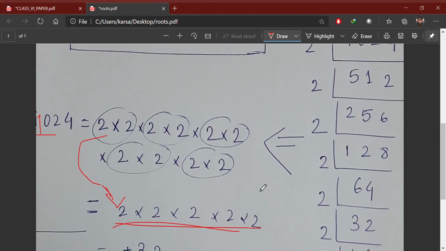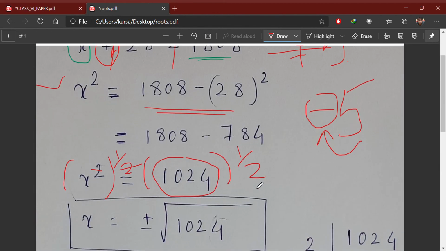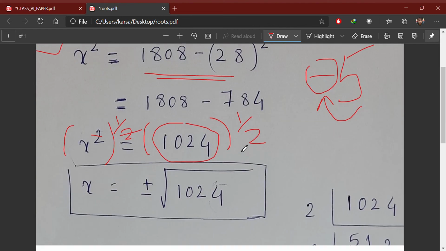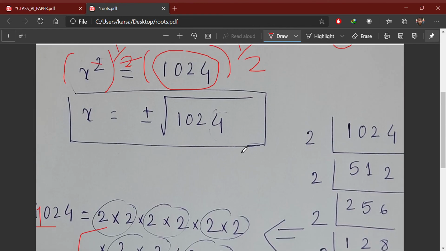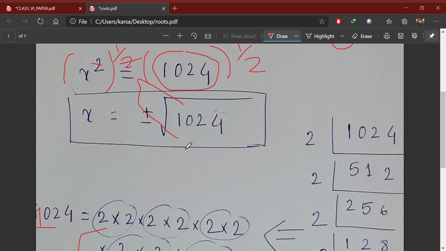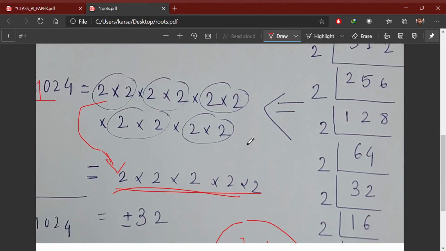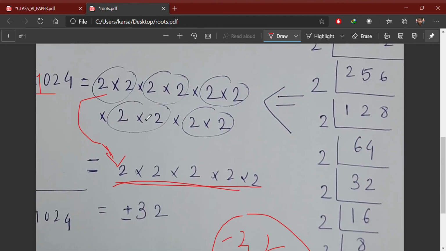Okay, thank you. One more thing I want to tell: the 1024 you can write as 2 to the power 10, because there are 10 twos involved here. If you factorize 1024, you will get 10 twos.